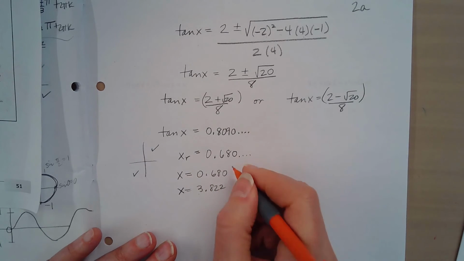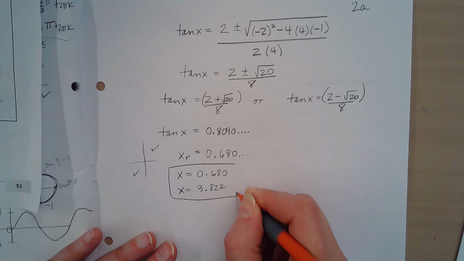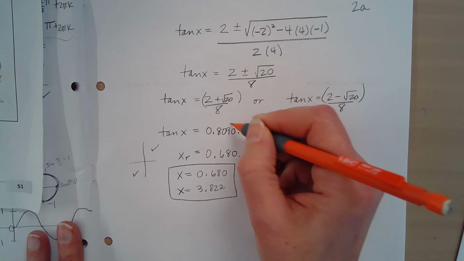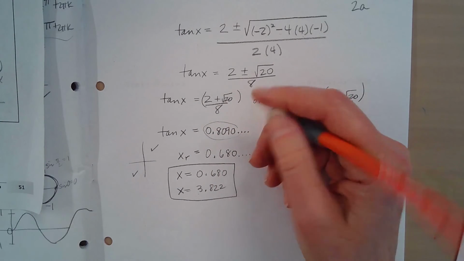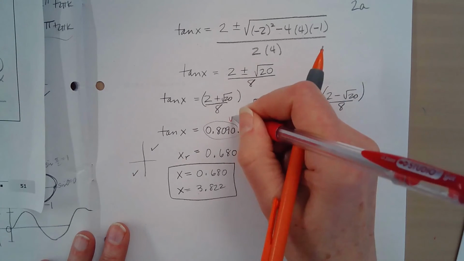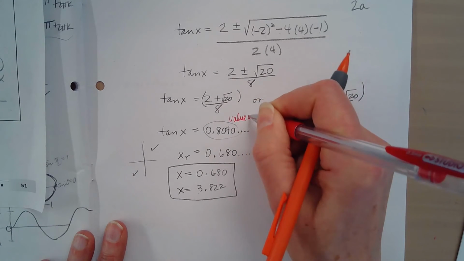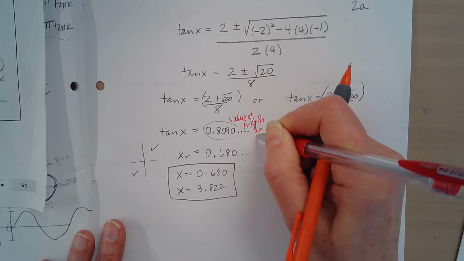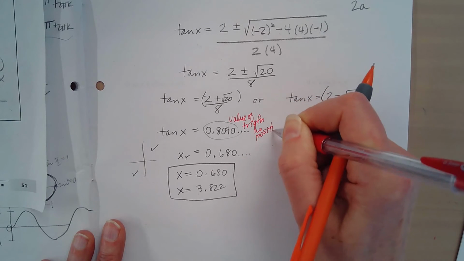Now these get confusing when they're not special, when you have to use a calculator and you have a quadratic, because you end up with all these decimals and it's hard to know what you're dealing with. So this is the value of the trig function, and it is positive, so that gives me my quadrants.